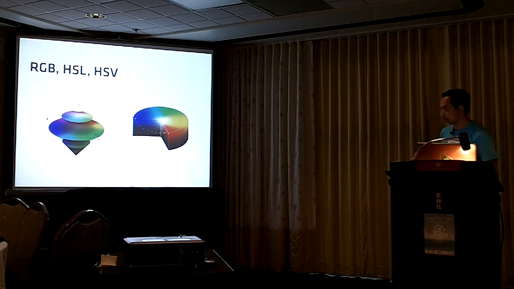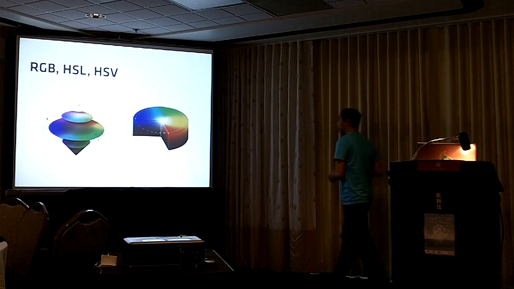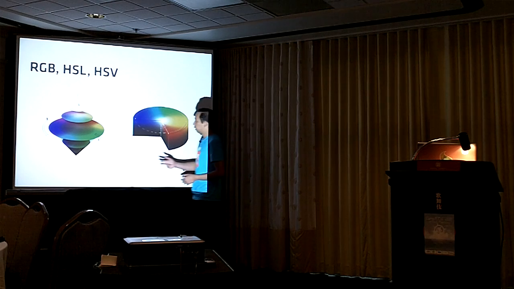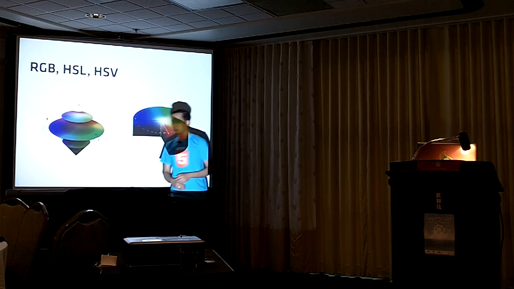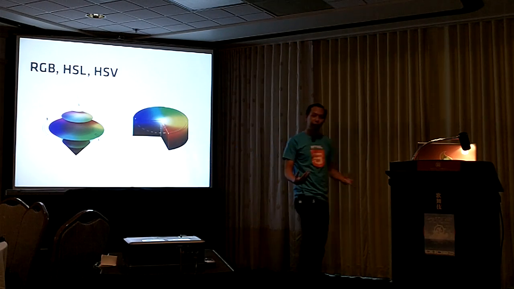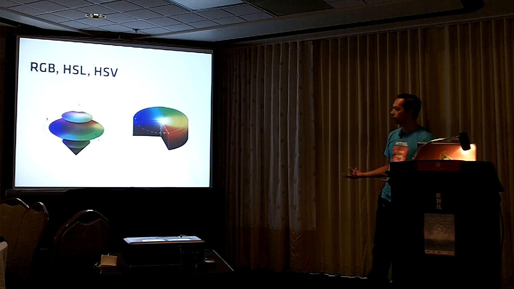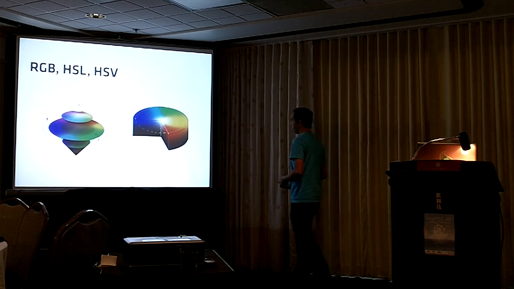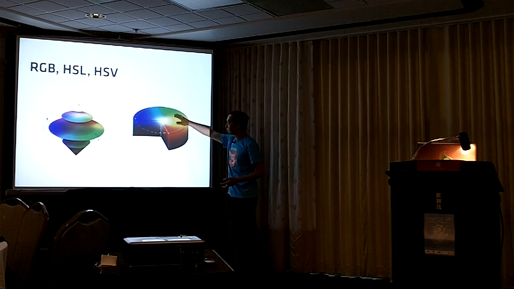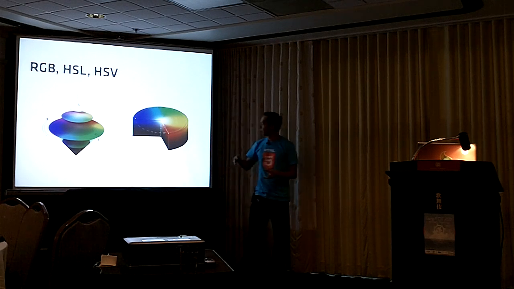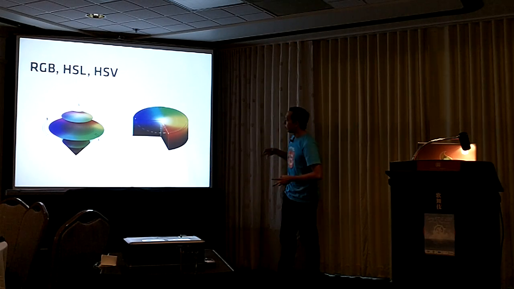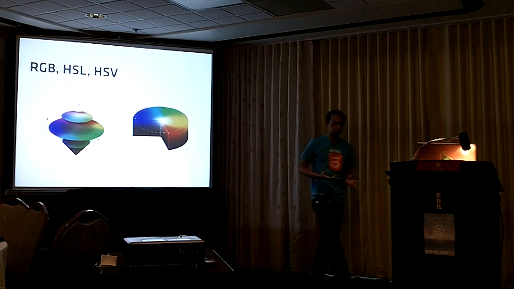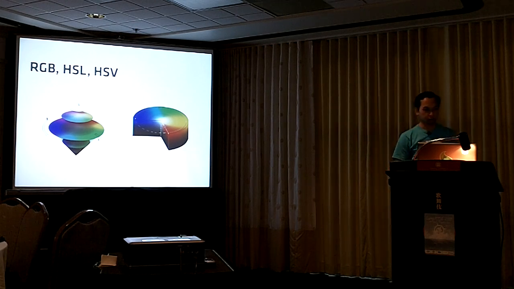There's also HSL and HSV. I like HSL because the maximum and minimum values denote full light and lack of light, so it's like white and black. But sometimes HSV is also useful because the maximum value refers to pure white, or pure color, and then if you go down, it's really black. So it depends on your use case.